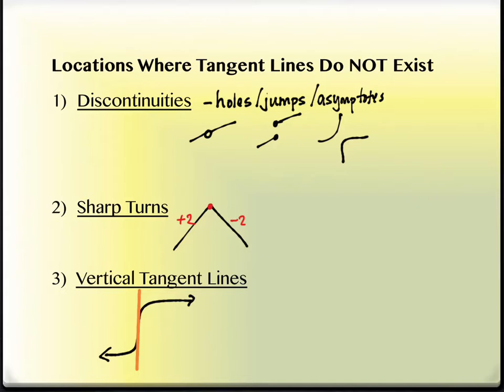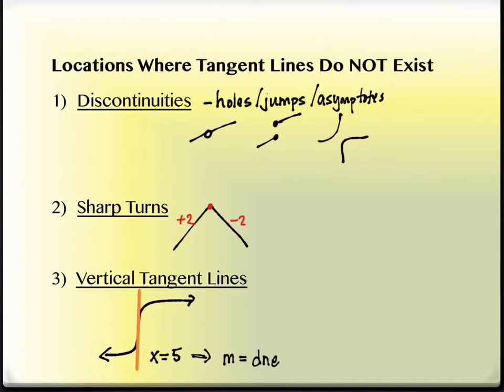If you'll remember, the equation of the vertical line here would be something like x equals, I'll make up a number, 5. So this is the equation of your tangent line. But from college algebra or some algebra course you've had before, your slope does not exist. And if the slope does not exist, then the derivative does not exist because the slope is the derivative. Okay?